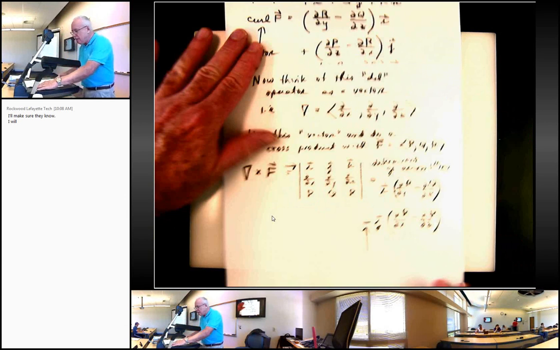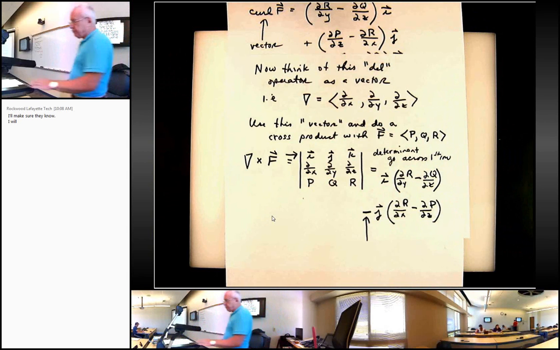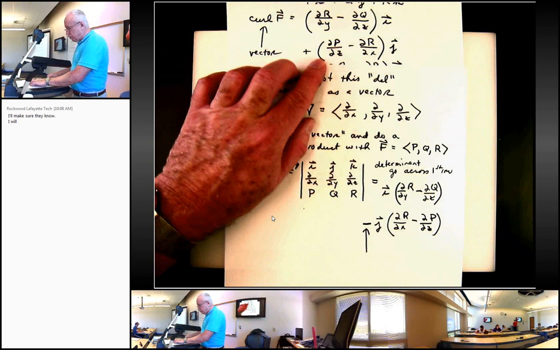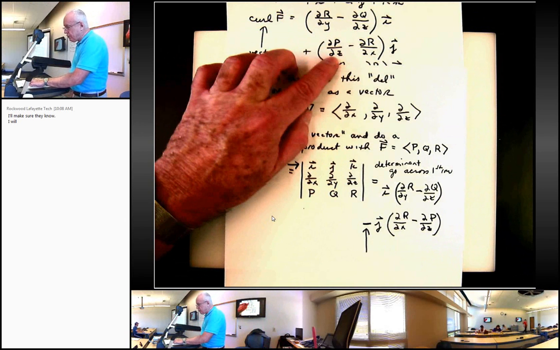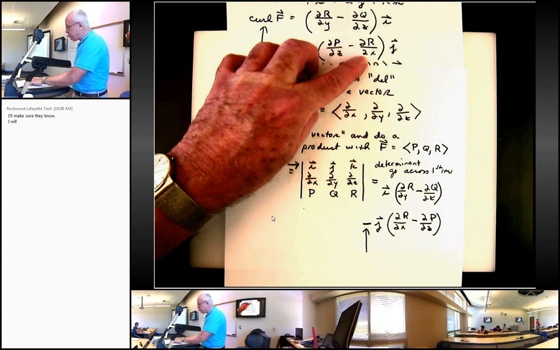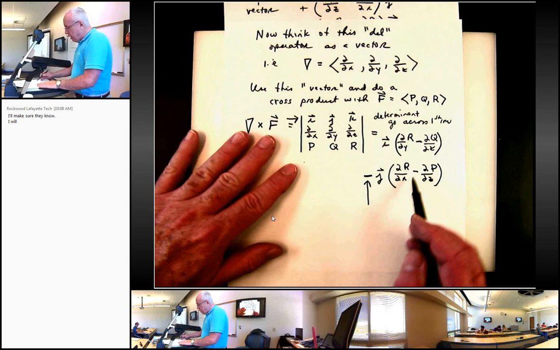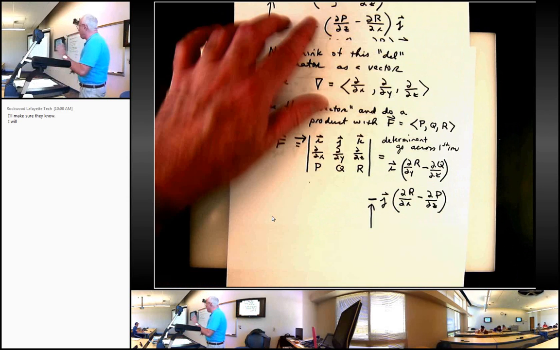Okay, now let's compare this one to what we had in our original definition. Our original definition for the second component with the j vector is delta p with respect to z minus delta r with respect to x. Now notice here on the inside we have r with respect to x minus p with respect to z. They're reversed.